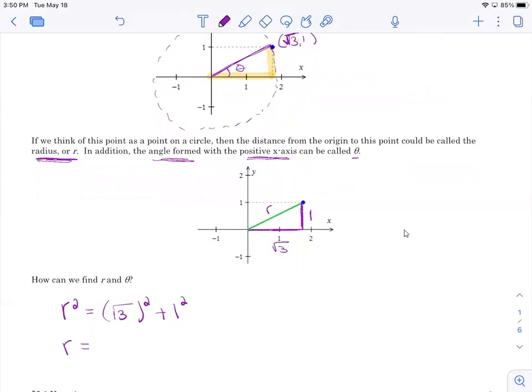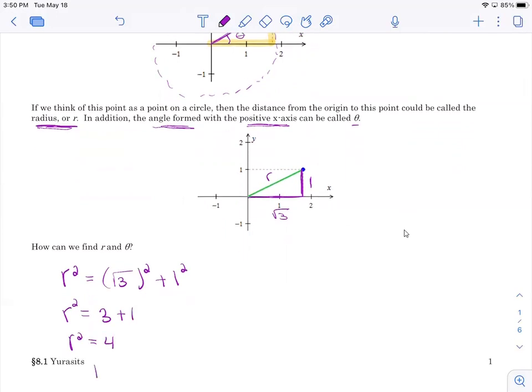All right, so we're going to get R squared equals 3 plus 1, which gives us 4. And we're going to go ahead and take the square root, and so we get 2. Now something different is going to happen in these notes, but for right now, I'm just going to address that my R is 2. Because pretty soon, our R can take on a negative value.